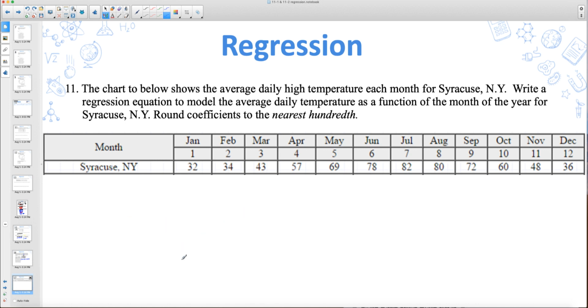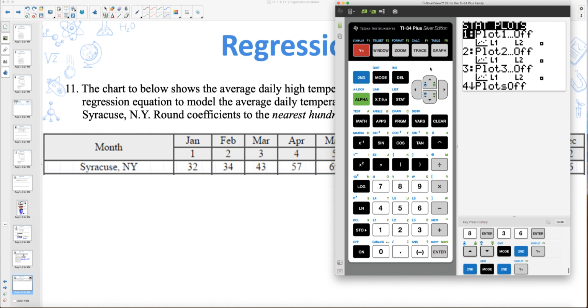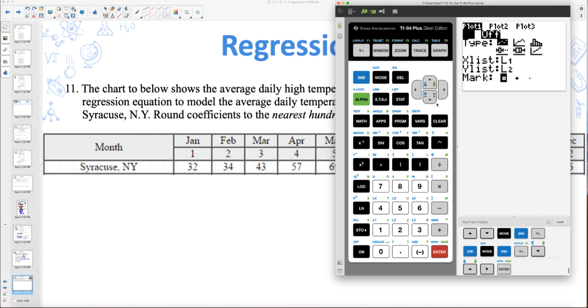If we want to, we could actually have the calculator plot it for us, which we'll take a look at right now. If you hit second, y equals, we have these things called stat plots. Let's turn them on because the calculator will start to plot the points for us. So I'm going to turn that to be on. We'll have it just plot these data points here, so that's fine.